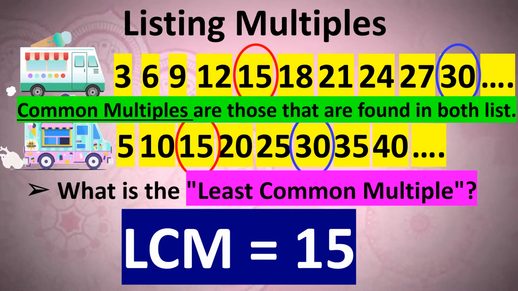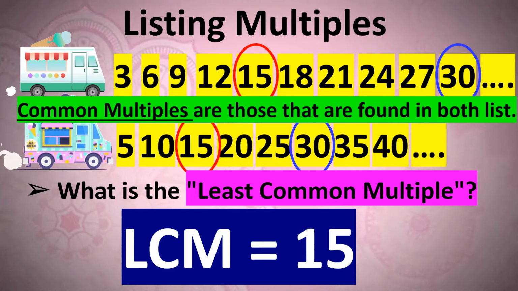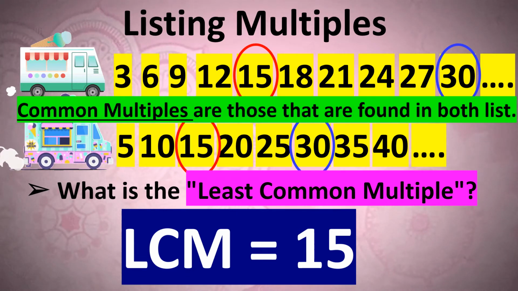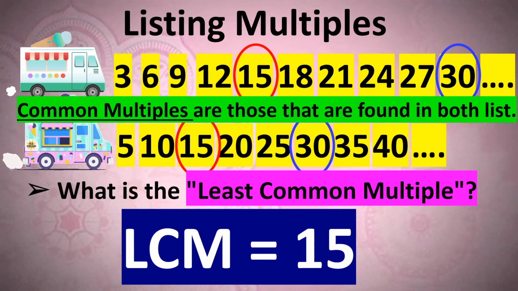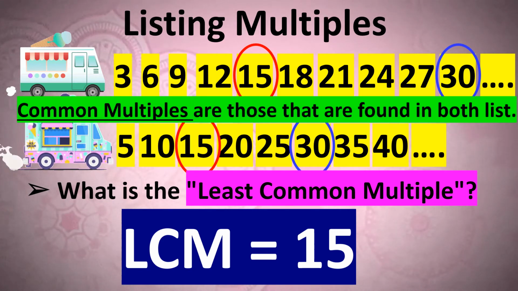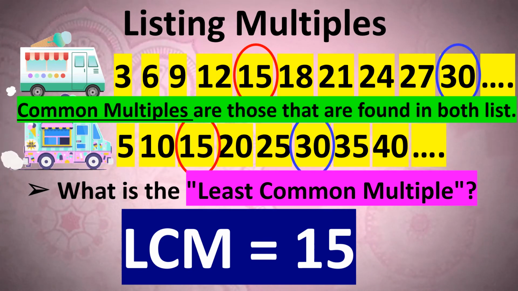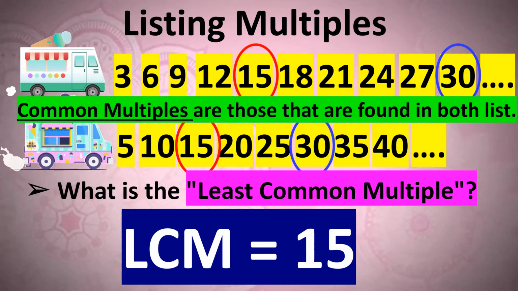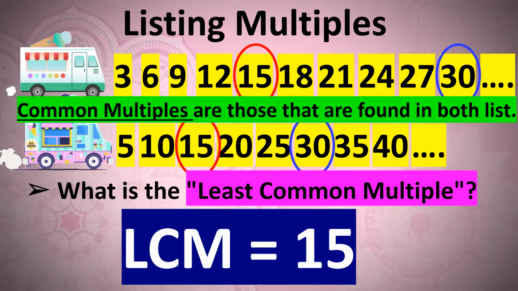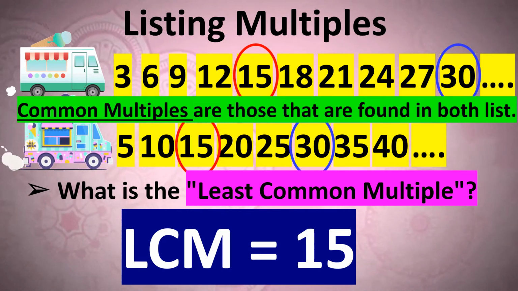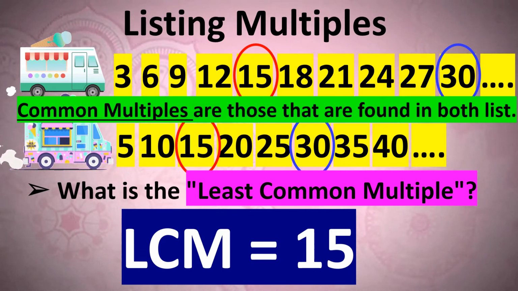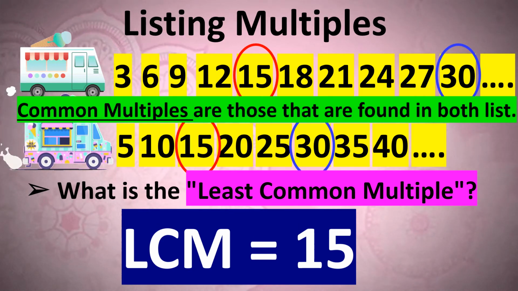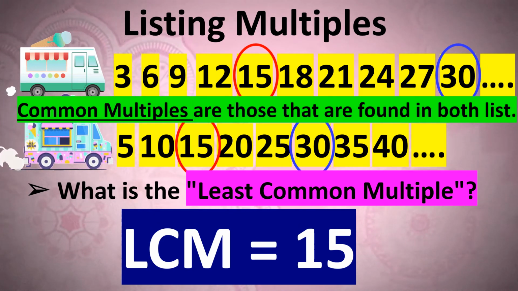So we choose 15 rather than 30 because we only want the nearest possible time that they can meet together. So the common multiples are those found in both lists. So the least common multiple here is 15, not 30. So we choose the least.